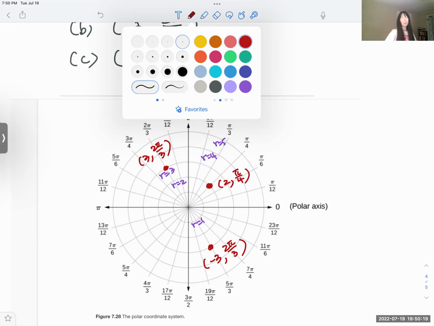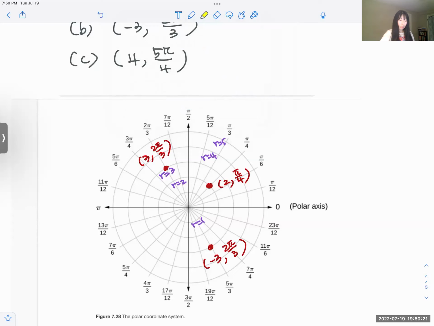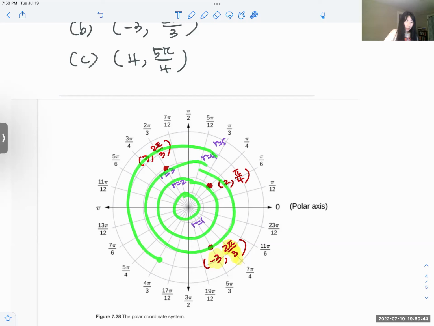That's how we plot the polar coordinate. We don't describe this as 5 pi over 3, we describe it as 2 pi over 3 as well.